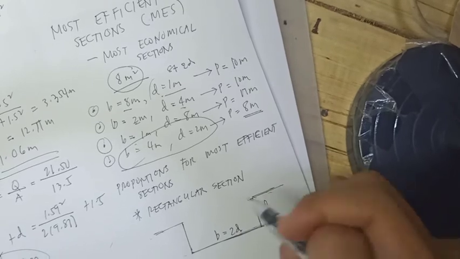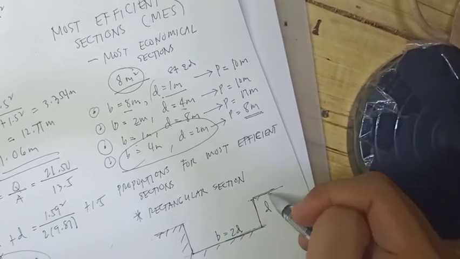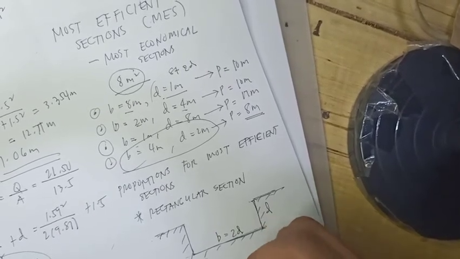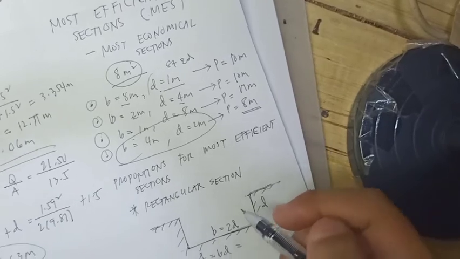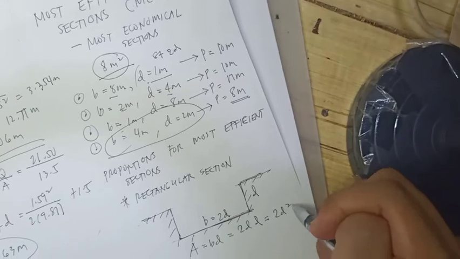The area is BD, so 2D times D is 2D squared.